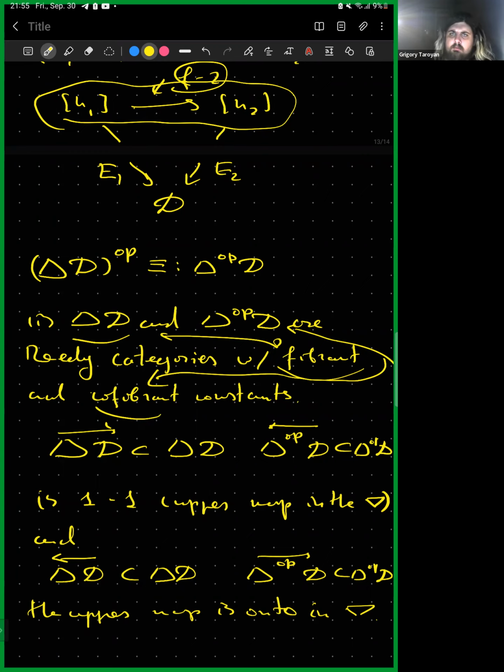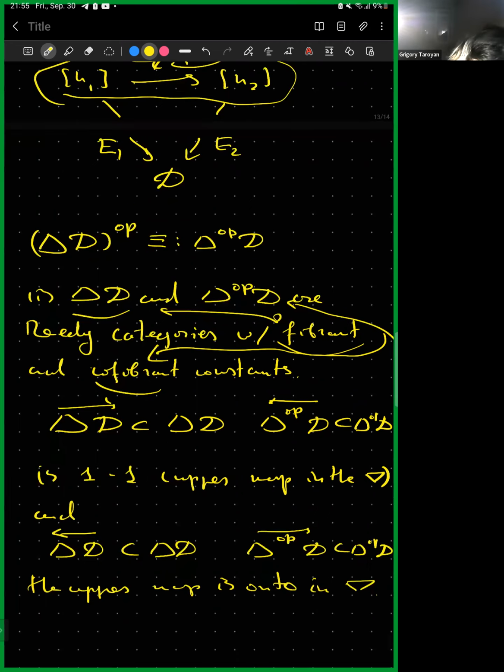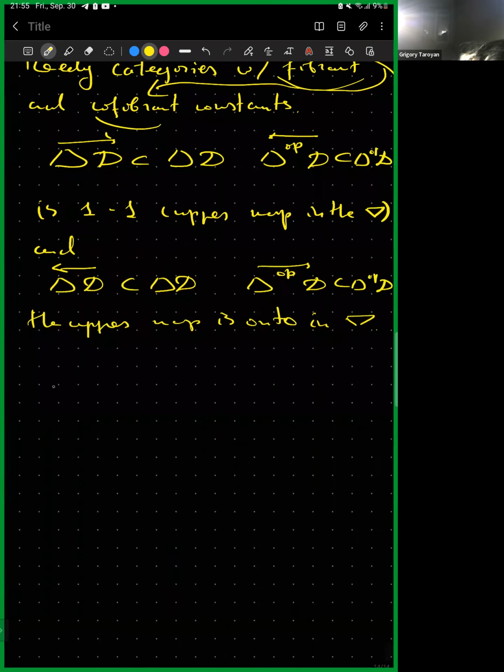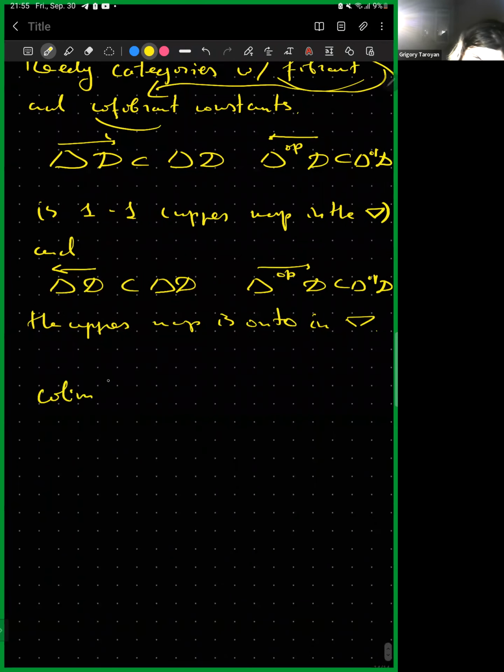Now it follows from the description of categories with fibrant and cofibrant constants that we have an equivalent adjunction.